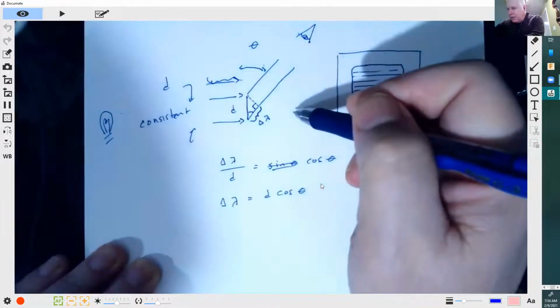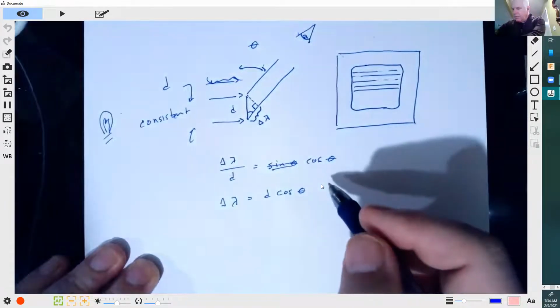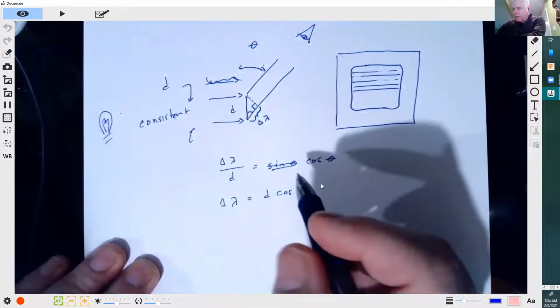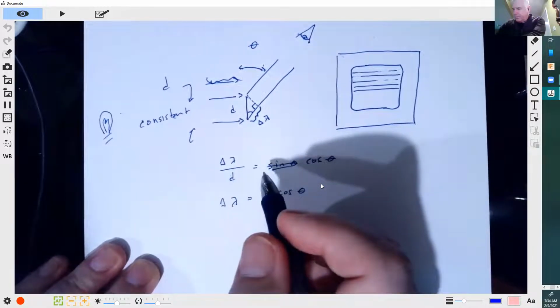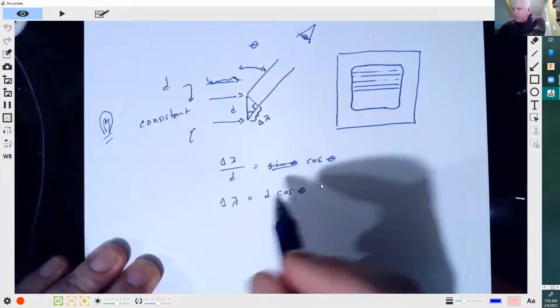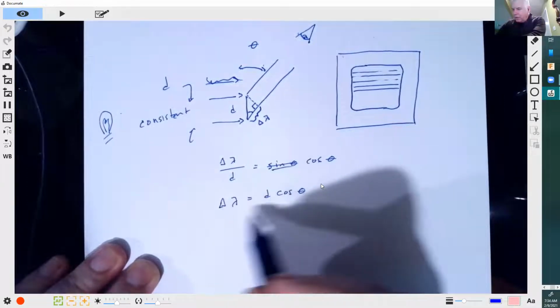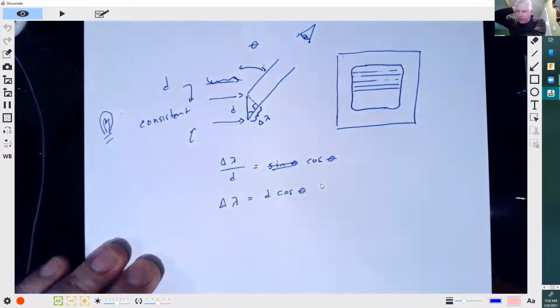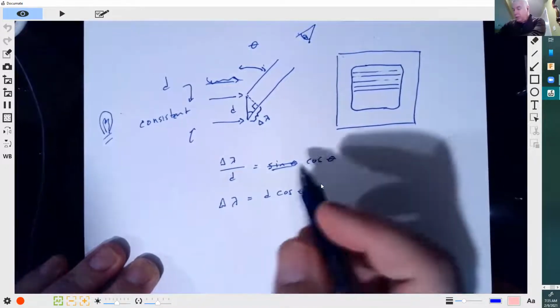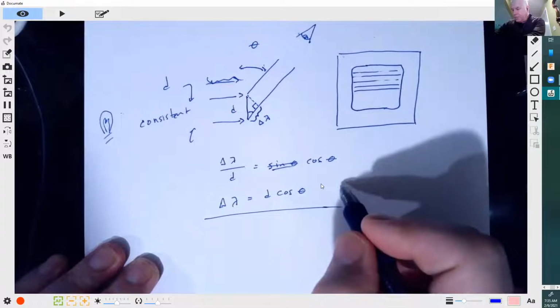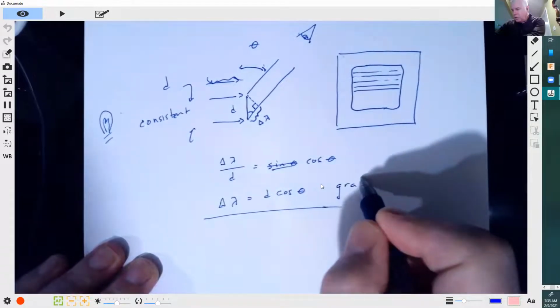Then what you will see is a series of wavelengths, the first one of which is at delta lambda equals d cos theta. So this is sort of a basic incarnation of the grating equation.